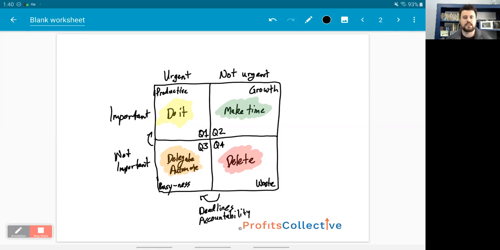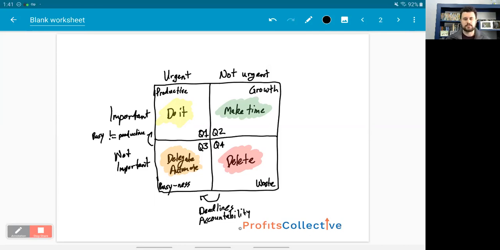You need people to take care of the not important, urgent stuff, so it frees your time up for the important, urgent stuff. So for that, we're thinking delegate and automate, but also thinking that busy does not equal productive. That's the mantra you need to embrace, that being busy doesn't mean you're doing what's important.